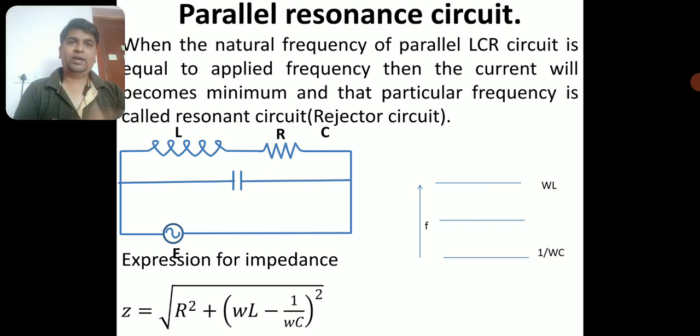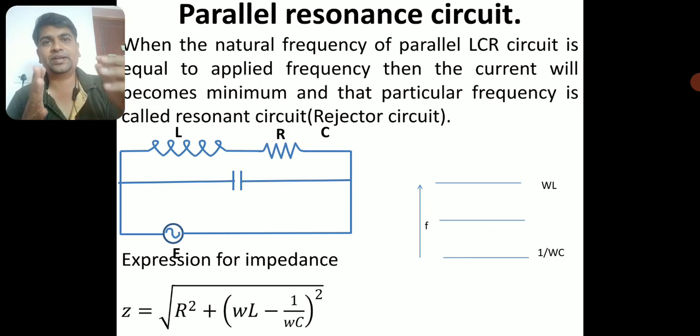Right, we have a parallel resonance circuit. Resonance also happens in the parallel circuit. So what is actually the resonance here? When the natural frequency of a parallel LCR circuit is equal to the applied frequency, the current becomes minimum.